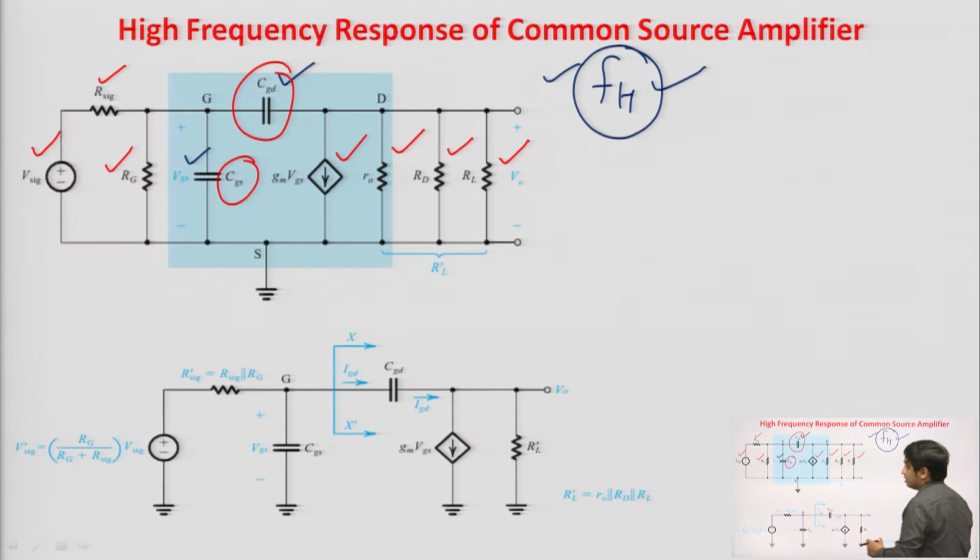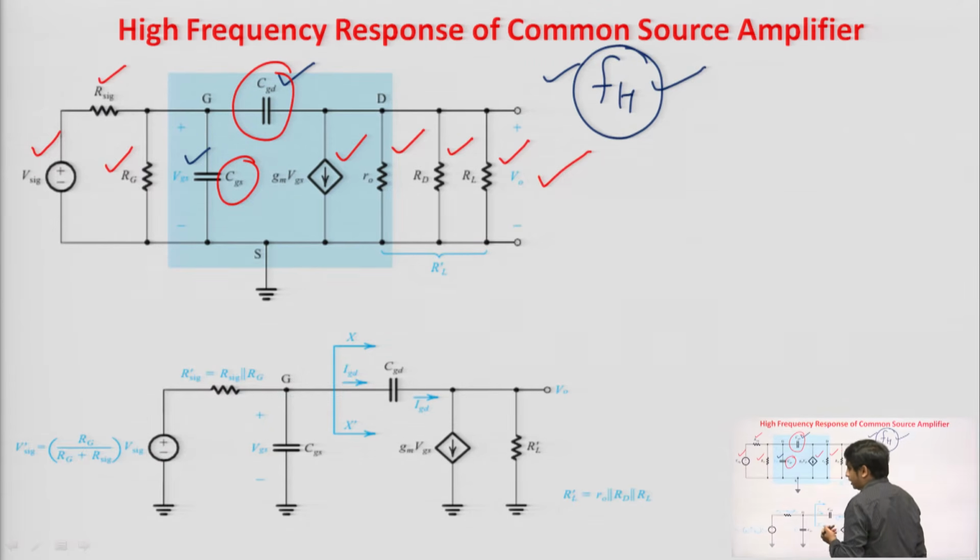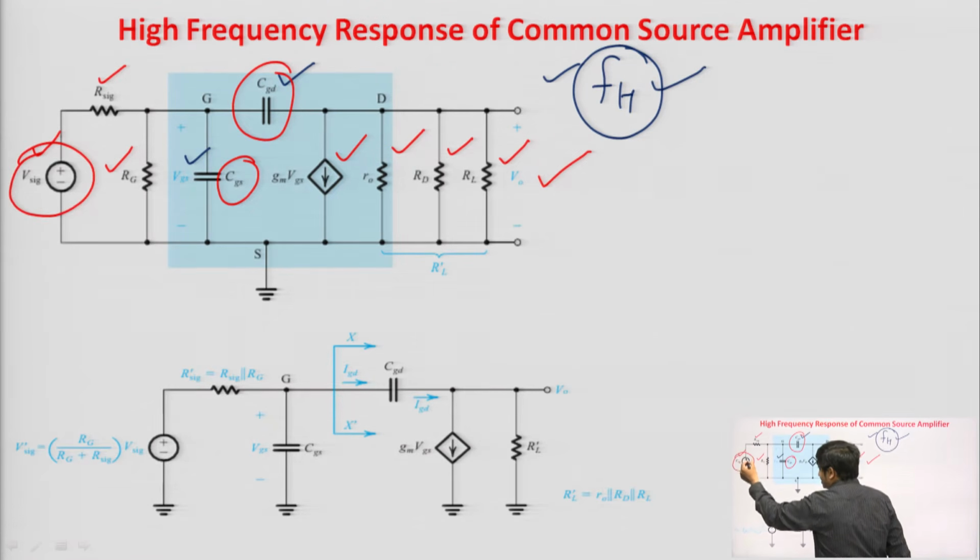Now, see, we can simplify this high frequency model just by using the Thevenin equivalent. In the Thevenin equivalent, if we remove this Vsig, meaning short circuit it, then Rsig and Rg will be in parallel.